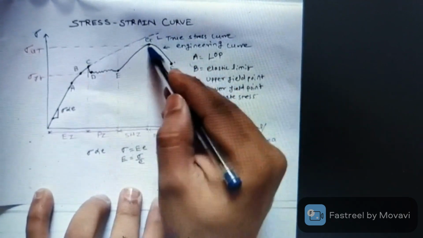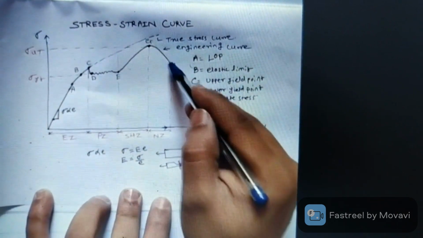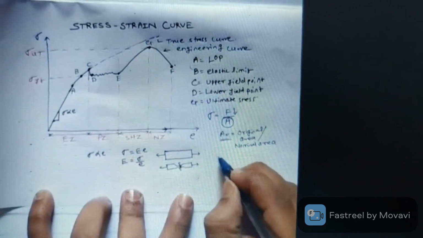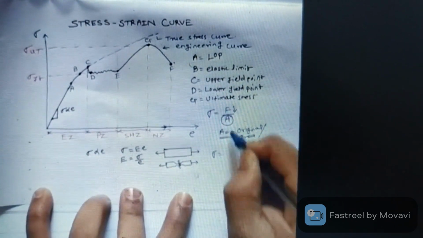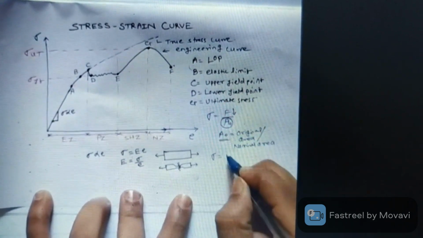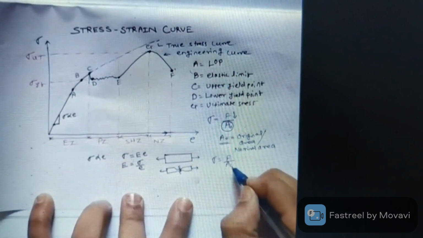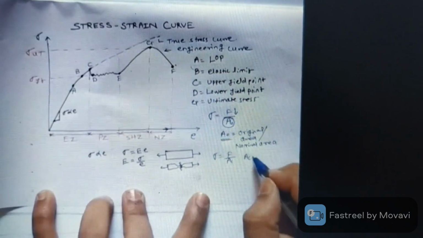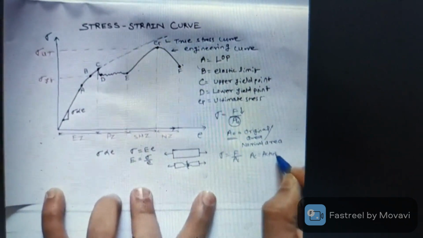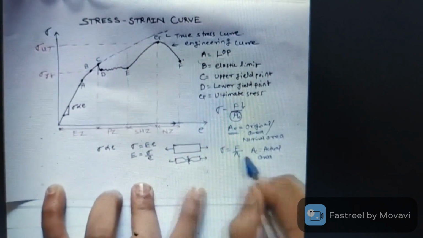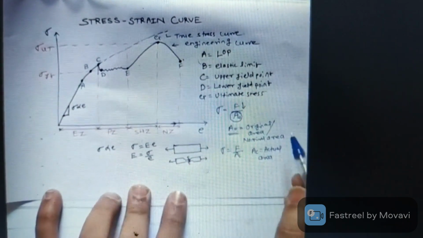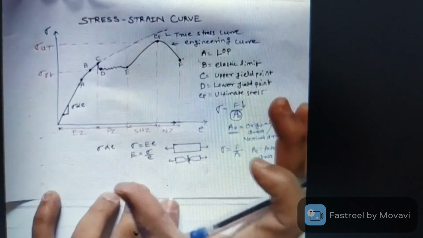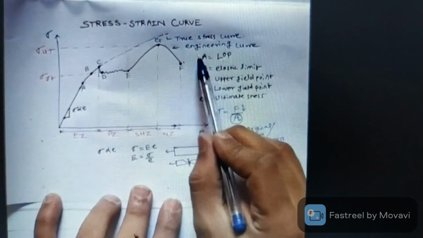There is no drop of the stress value, because here we have considered the original area, and there we are considering the actual area. So Ai is nothing but our actual area at that particular time interval. This is the basic difference between the true stress curve and the engineering curve.